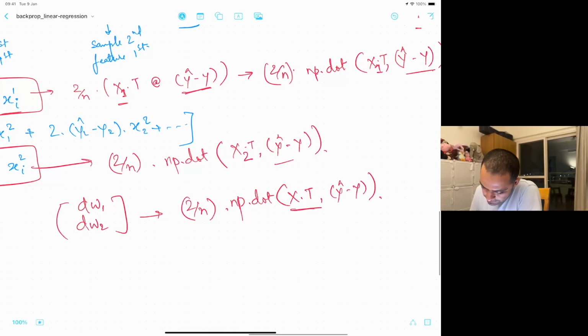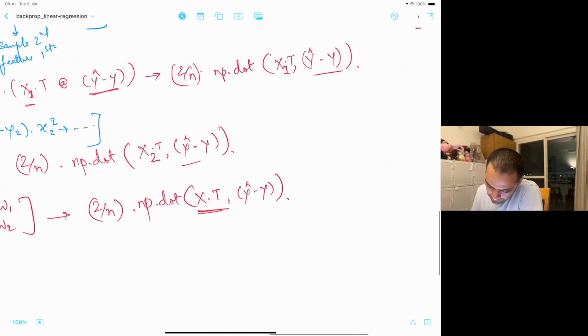This would be the same thing, because x dot transpose will become a 2 by 3 matrix.